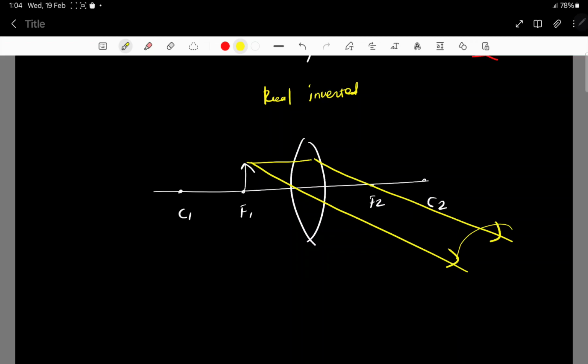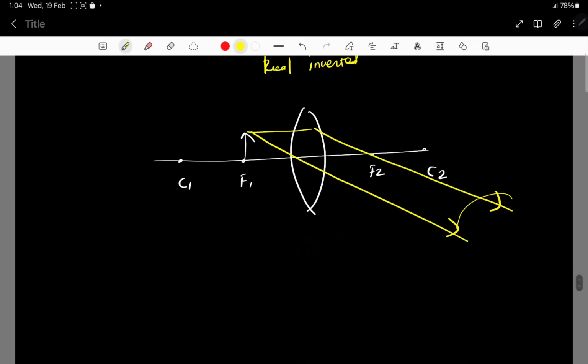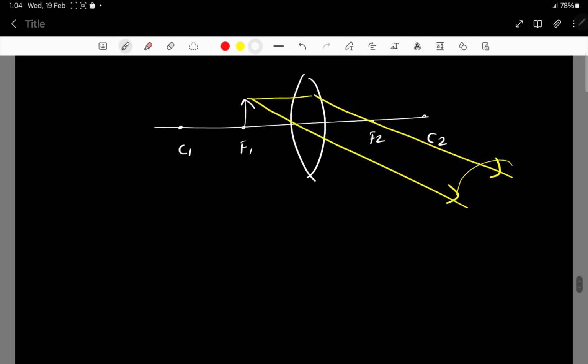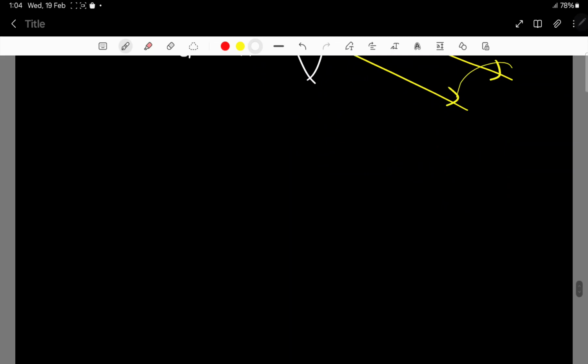From high school mathematics we already know that if two light rays are parallel, they will never meet, right? But we can assume they may appear to be meeting at infinity. So that's why the final image will also be formed. So if the object is placed at the focal point, the image will be formed at infinity. The formed image is real, inverted, and extremely magnified.